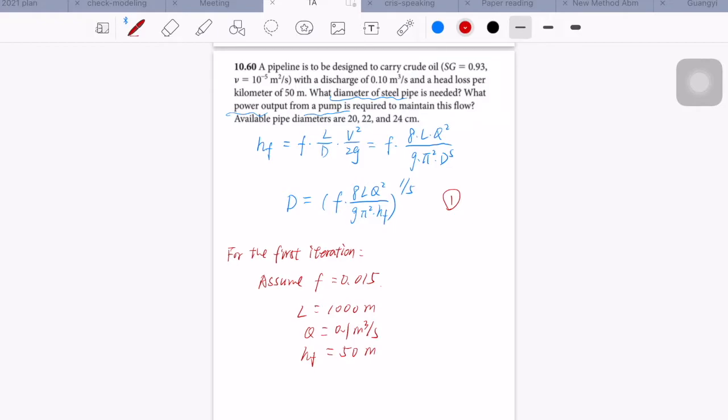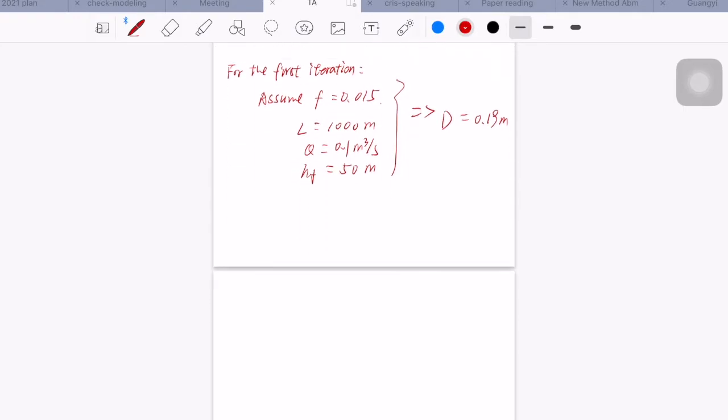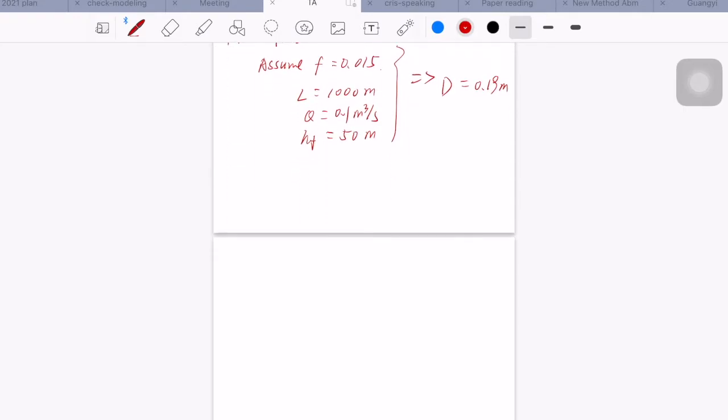So based on equation 1, we can determine that D is 0.19 meters. And now we can determine the Reynolds number.